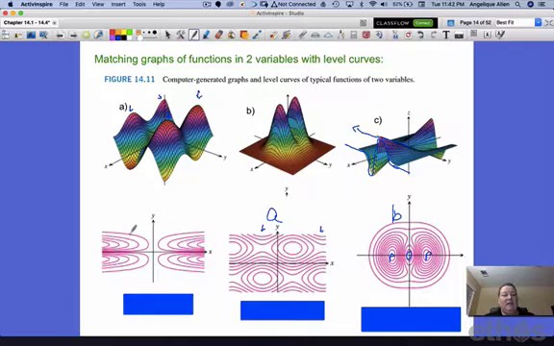We can't tell from a contour plot whether this is an upward ripple or a downward one. So one of them goes up, one of them goes down, and we only know that because we've seen the graph. What we know from the graph is when this one goes up, this side goes down, and vice versa on the bottom. If this side goes down, this side goes up. So this one is going to be C, and I can feel good about those answers if I check them.